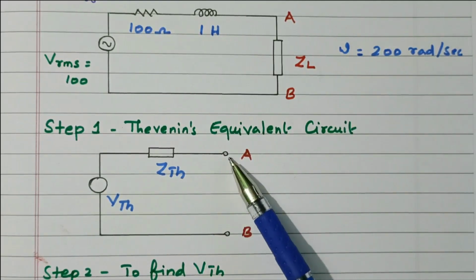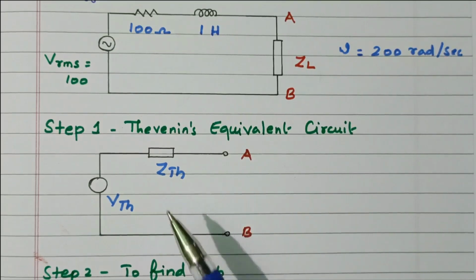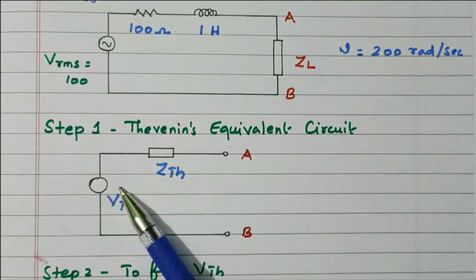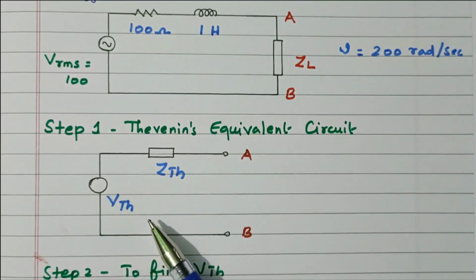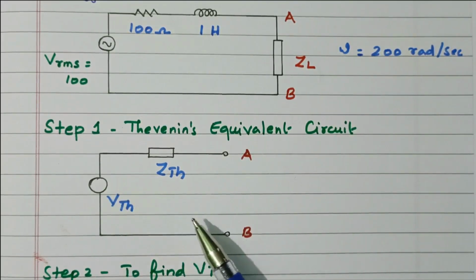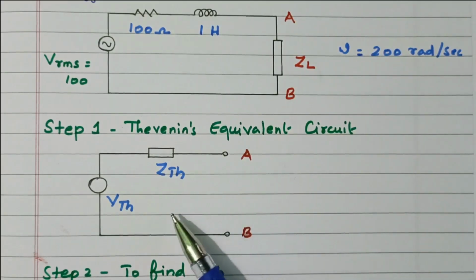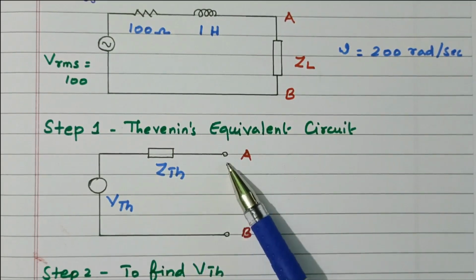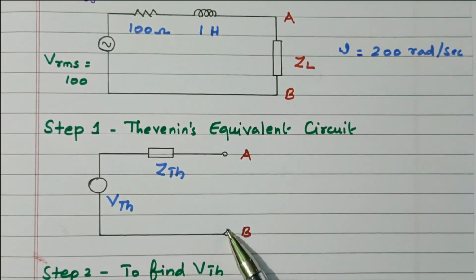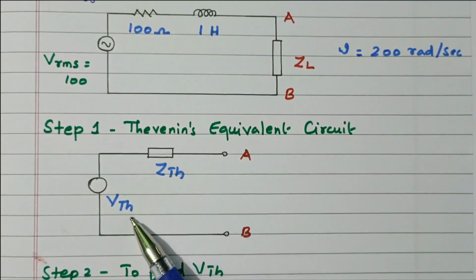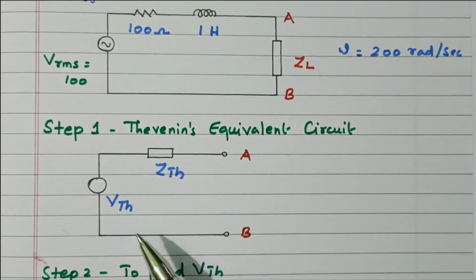We can easily calculate the load impedance from ZTH. And we can also calculate the maximum power delivered using the formula VTH squared divided by 4RL. So from the Thevenin equivalent circuit we can calculate the load impedance, equal to ZTH, and the maximum power delivered to the load.